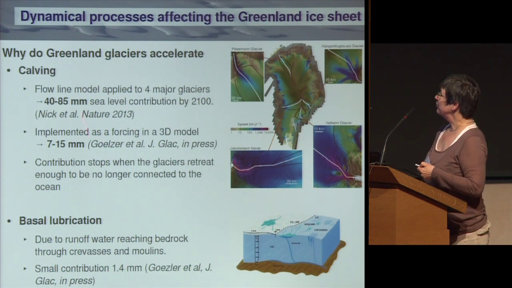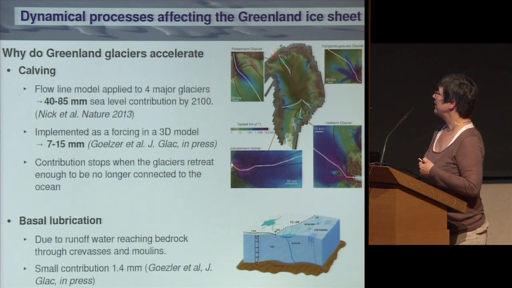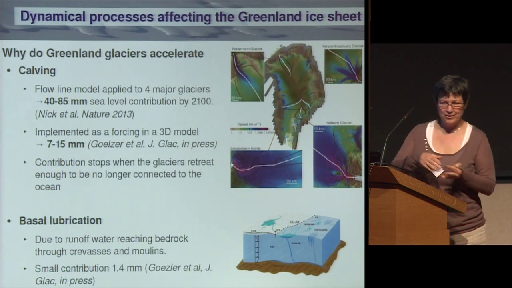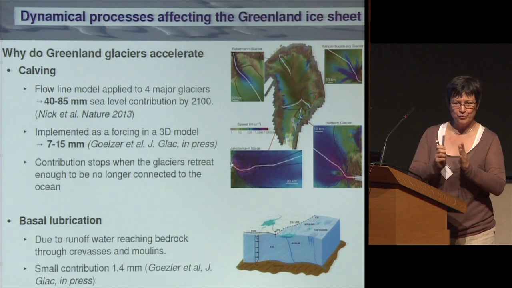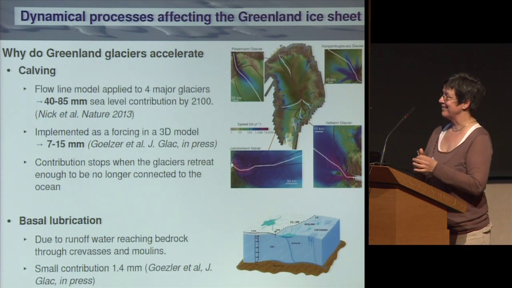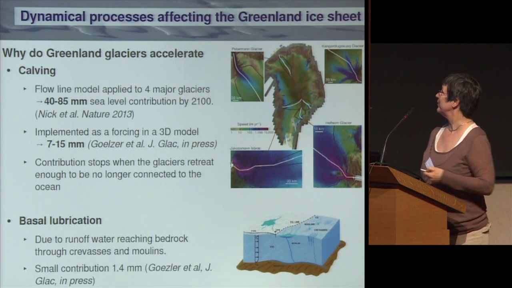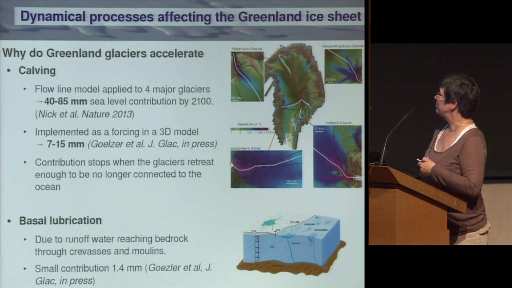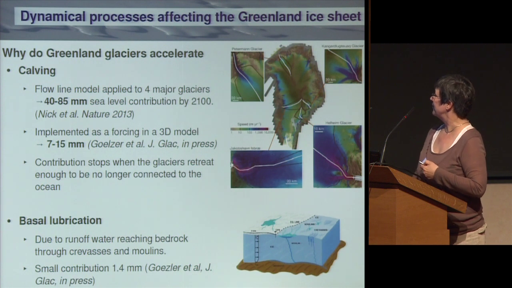There are 2 studies done on this. One is to apply a flowline model, because it's easier to simulate a fjord, which is very narrow, with a flowline model than with a 3D model. And this study, which was published very recently, was done for the 4 major glaciers in Greenland.